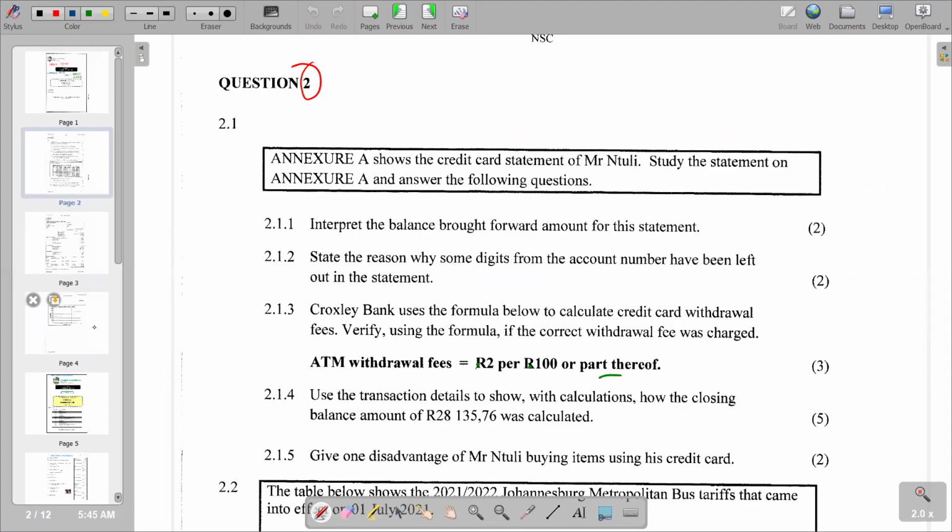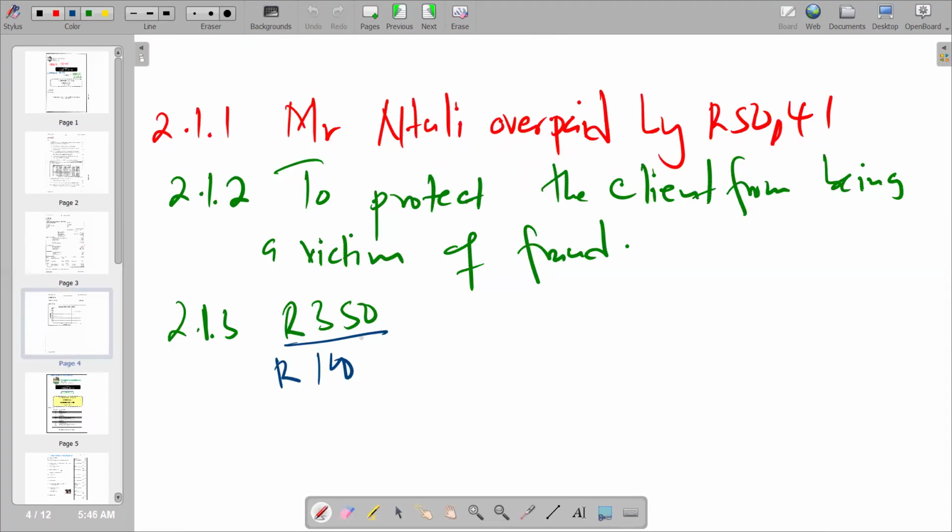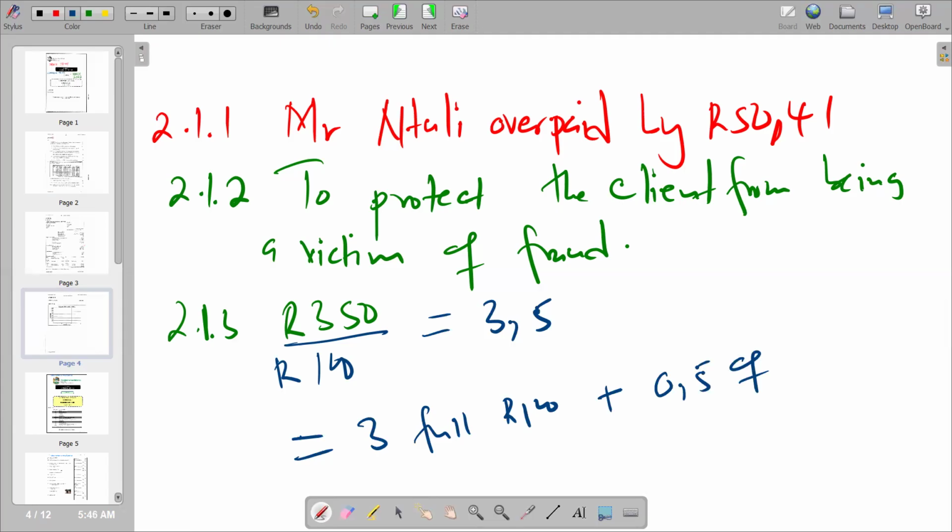You divide 350 by 100, and you get 3.5. So basically, we have 3 full 100 rands, and then we have 0.5 of 100 rands. So that's what we have.